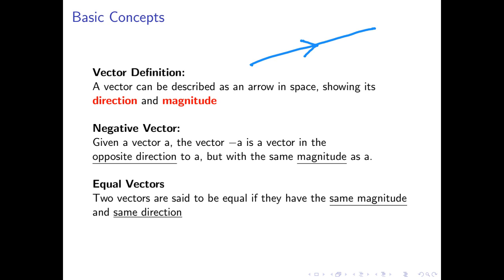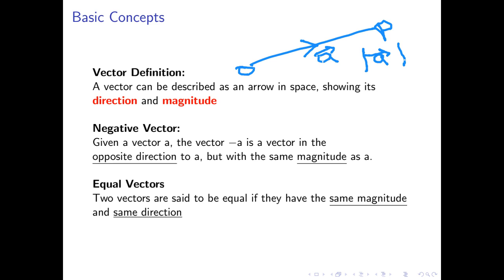Let's say we start from origin and we end at a point P. So this vector, let's call it vector A, and we put this arrow on. It tells us that the line or the arrow has a direction indicated by this triangle, and also because it starts from 0 to P, then we can actually obtain the magnitude of that arrow A. All right, the magnitude is usually represented in this way.